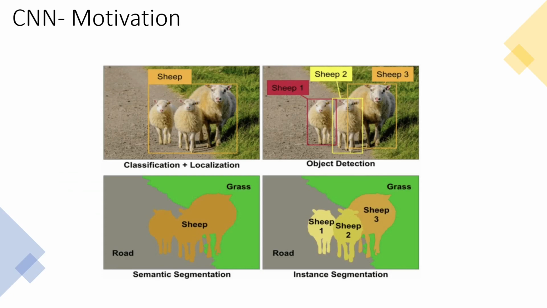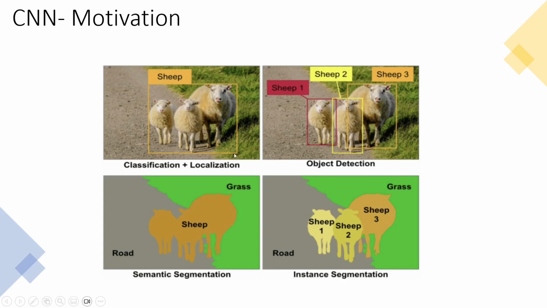So which problems can we basically solve with convolutional neural networks? First of all, we can solve the problem of classification as well as localization. What do I mean by localization? Let's say you would like to find the sheep in the image. Therefore, you need to draw a bounding box saying, okay, these are the sheep I would like to find.